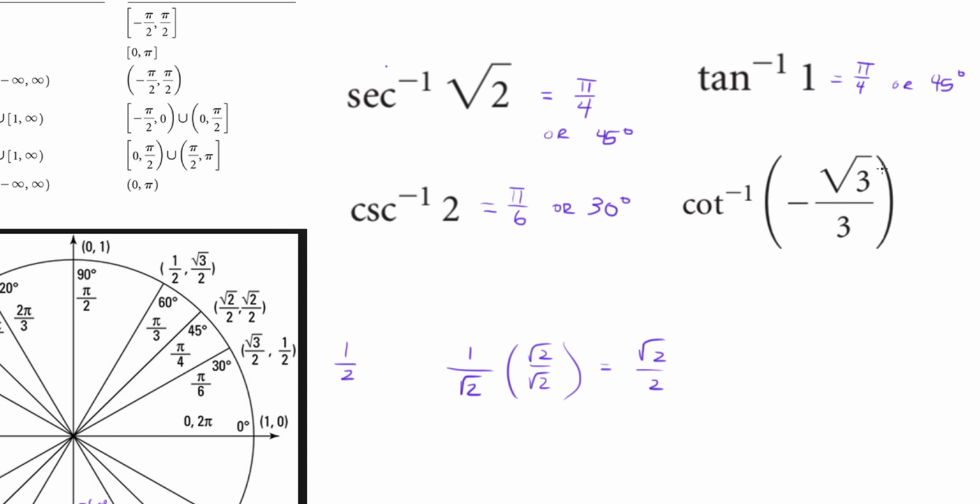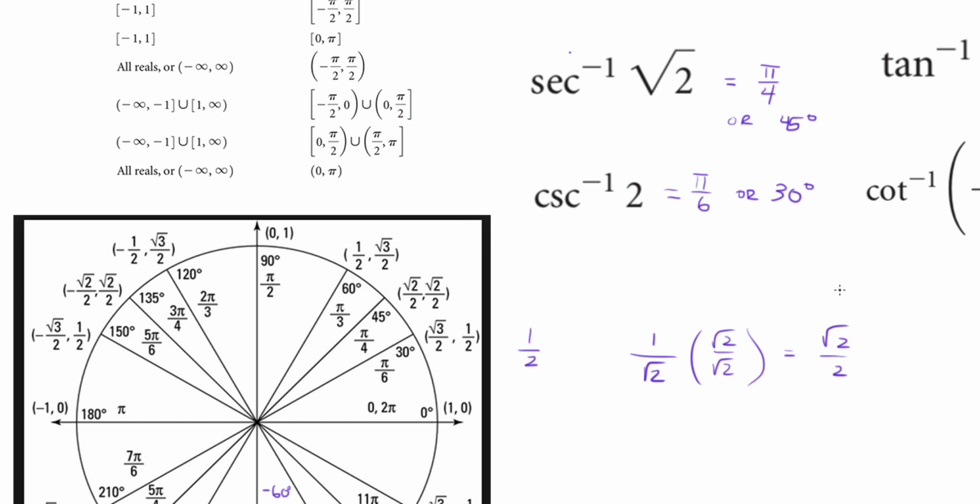Now, cotangent inverse of negative radical 3 over 3. Remember, to get negative radical 3 over 3, you will have to divide 1/2 by radical 3 over 2, with one of them being positive and the other one being negative, my bad.